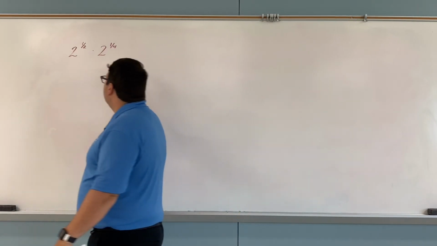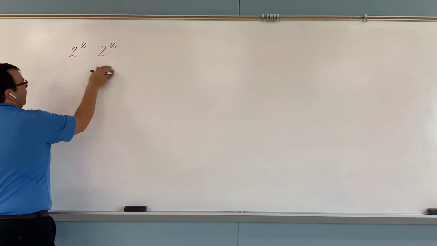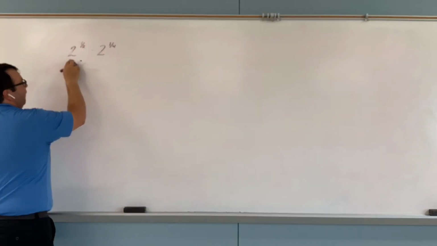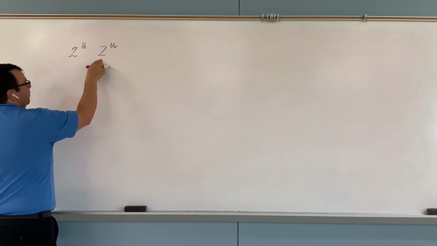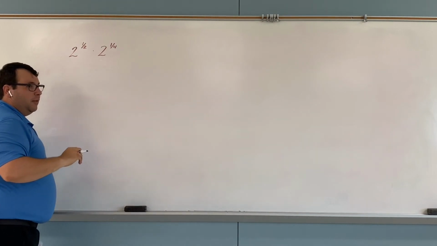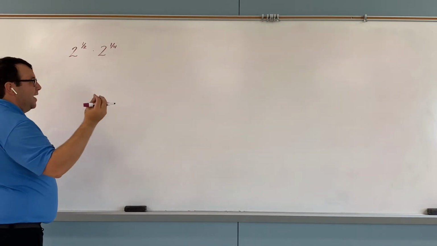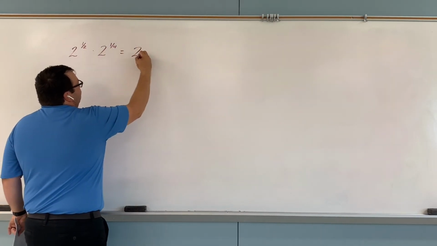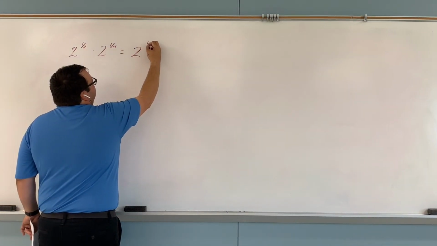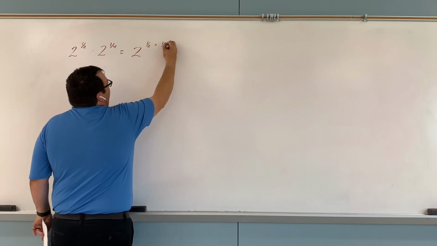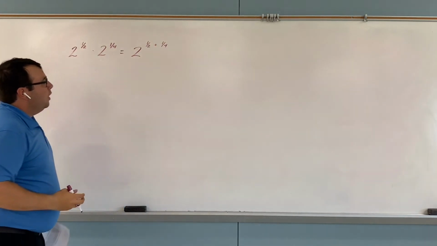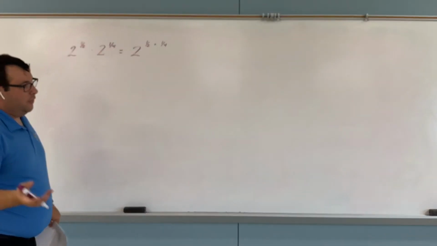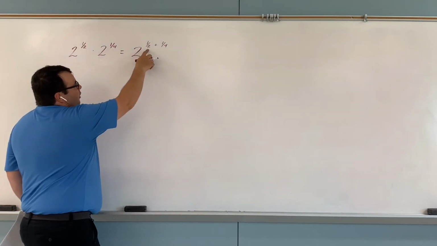So go back to your exponent rules. Looking at this, do I have the same base? Yes. That means I can apply that product rule, meaning I add my exponents together. So I have the base of 2, and I'm adding my exponents of 1/2 and 1/4. How do you add fractions? Got to have common denominators. Currently you don't.